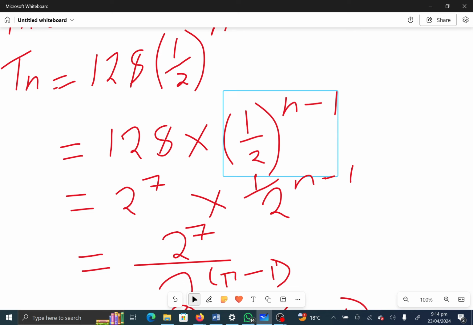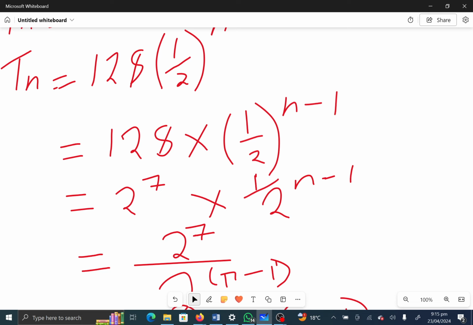Our key point is that we need a common base because we are dealing with indices. So we say 2 is a common base, and we look for a power which will give us 128. 2 to the power 7 is equal to 128.